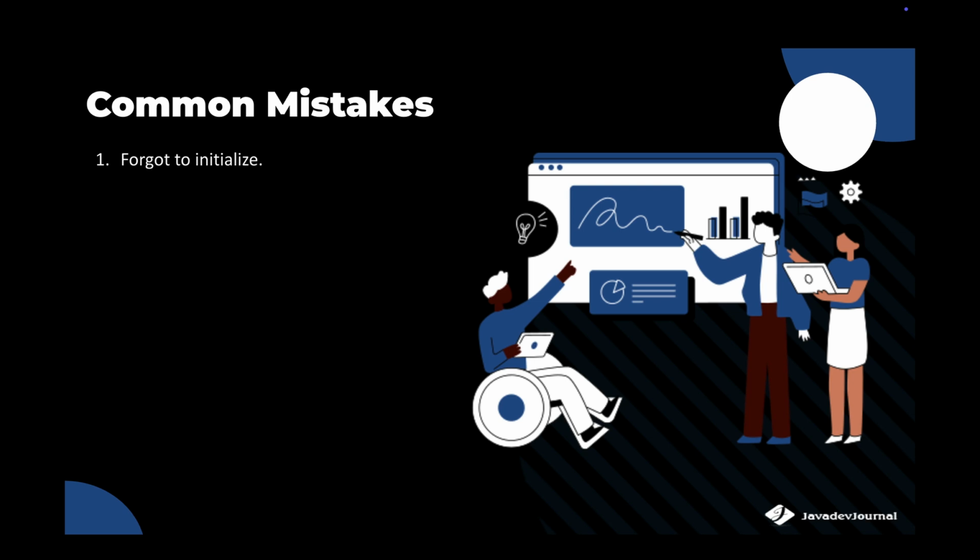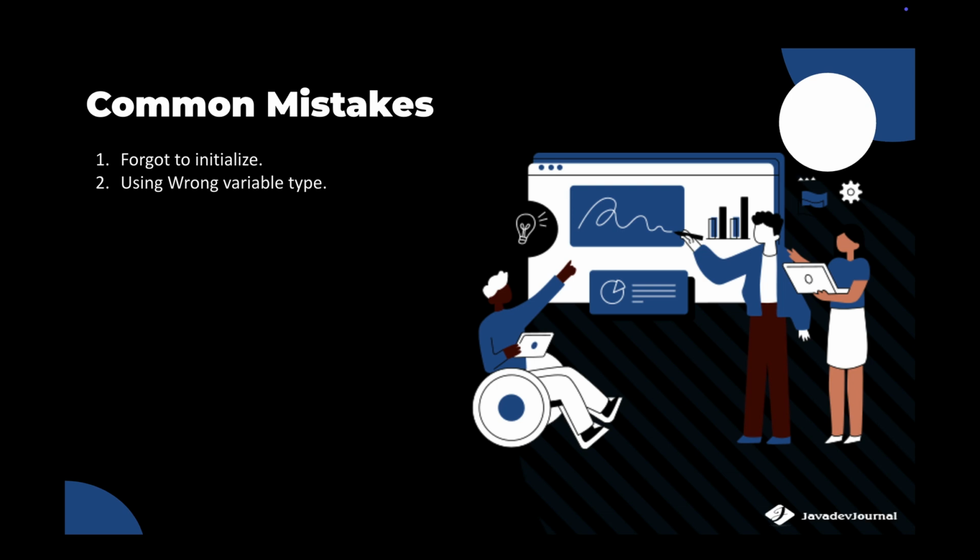The system is going to throw some errors, and we'll see that. Then, using the wrong variable types. For example, you want to hold integer values, but you have declared your variable as a string. That's not going to work because it's not going to give you the intended values.